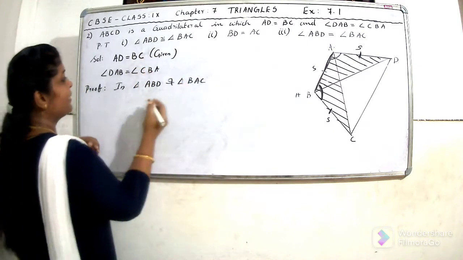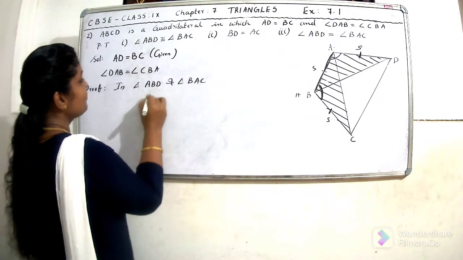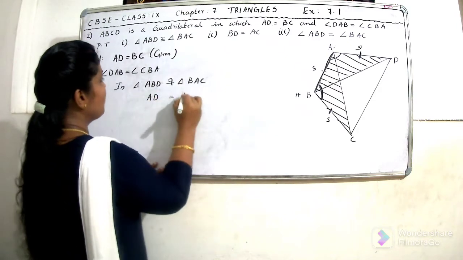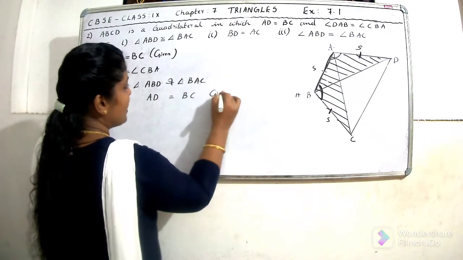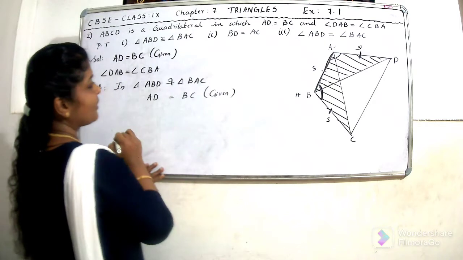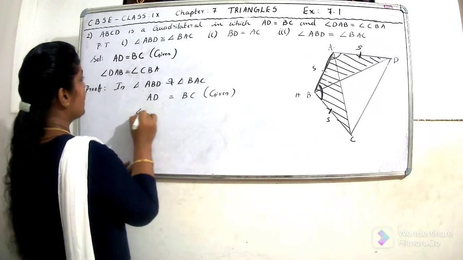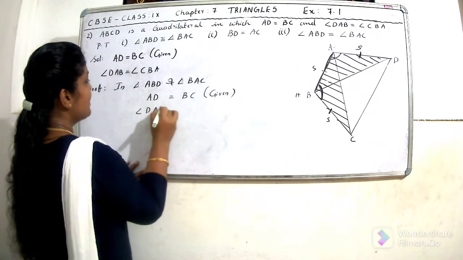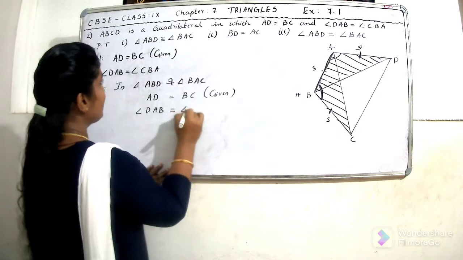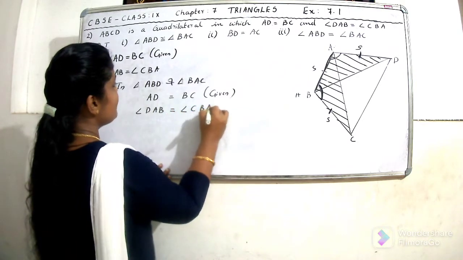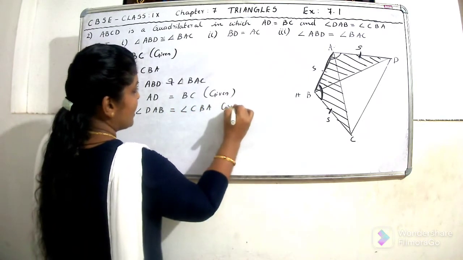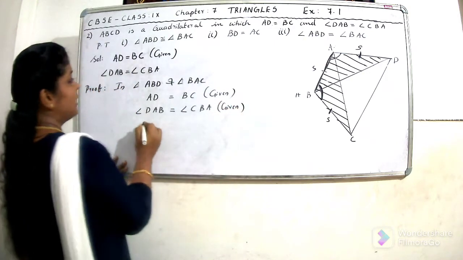So let us write. AD equal to BC, given. Then angle DAB is equal to angle CBA, given. Then these two are given.